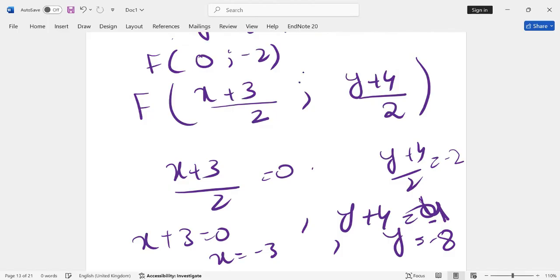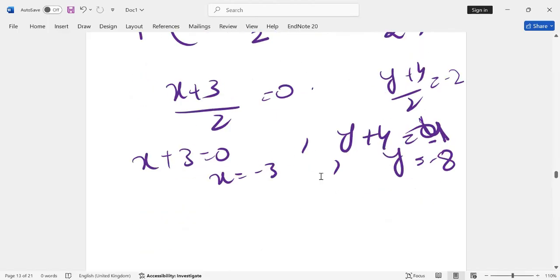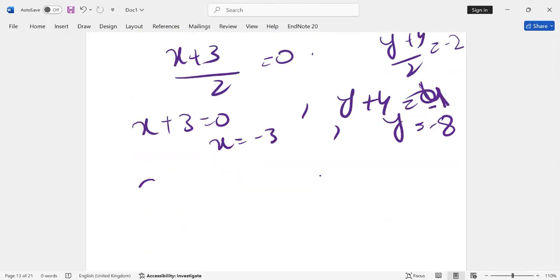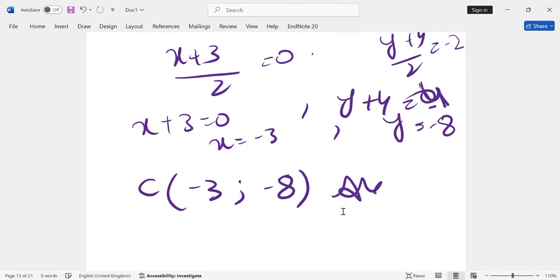So the coordinates of C that we have to determine are minus 3 and minus 8. And this is the required answer in this question.